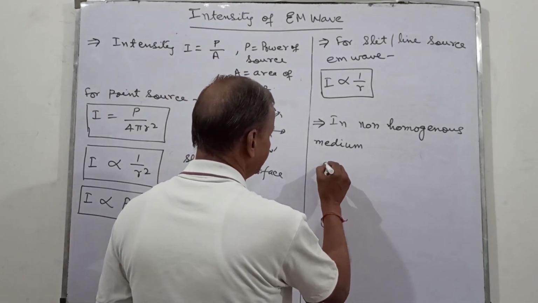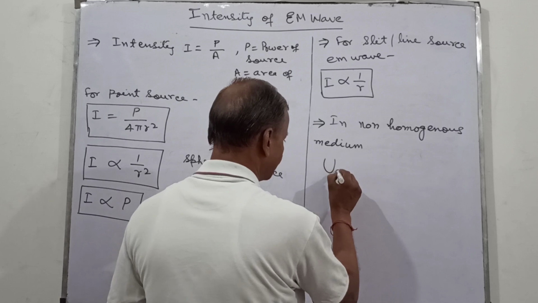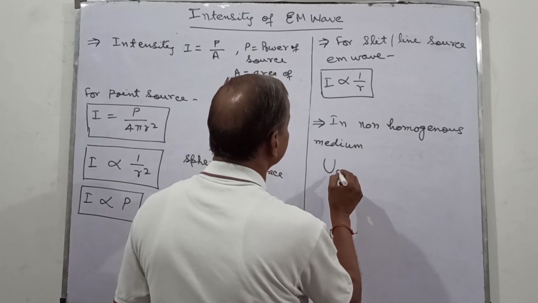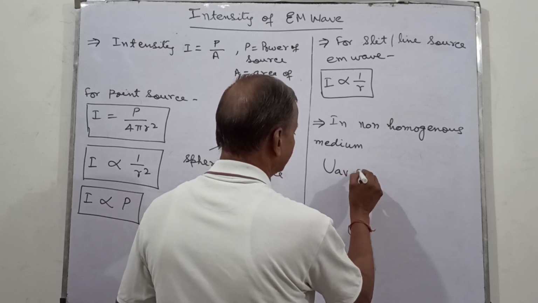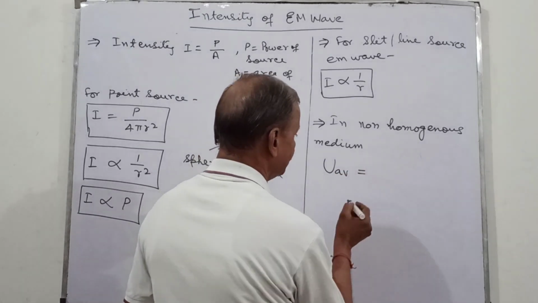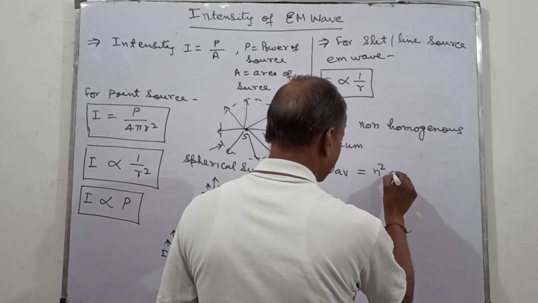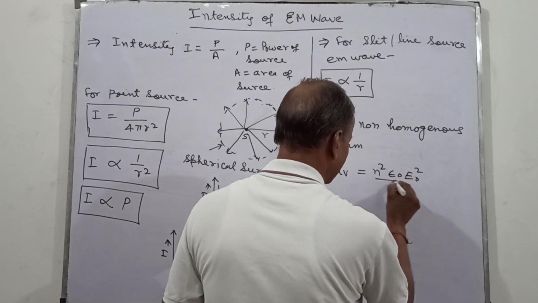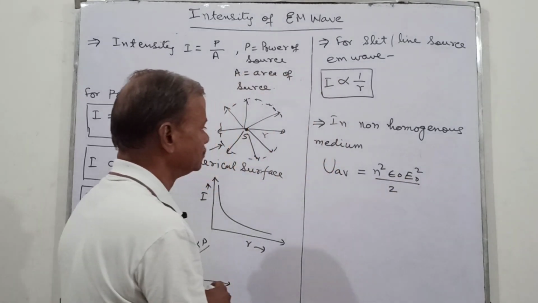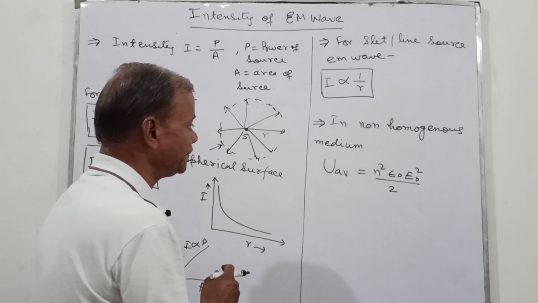this U average is equal to n square epsilon naught E naught square upon 2. This is not like this. And the intensity will be how much?